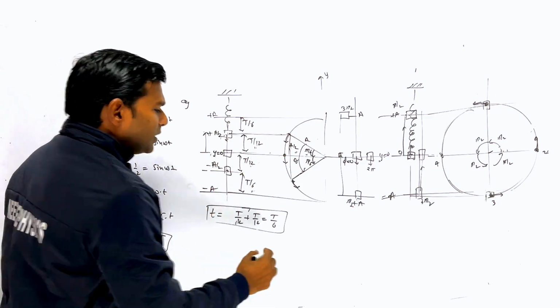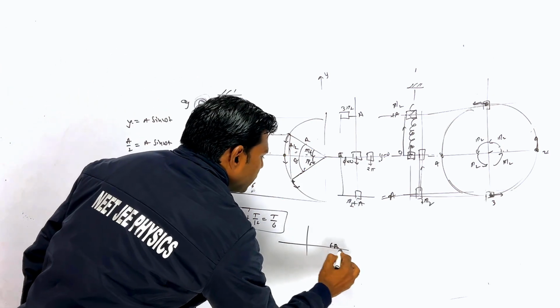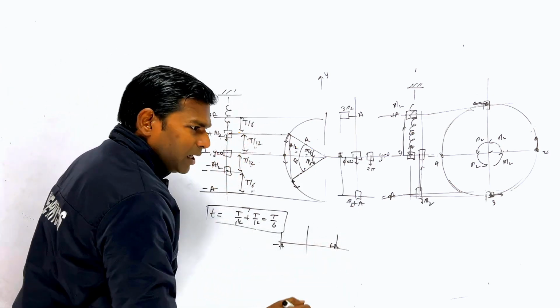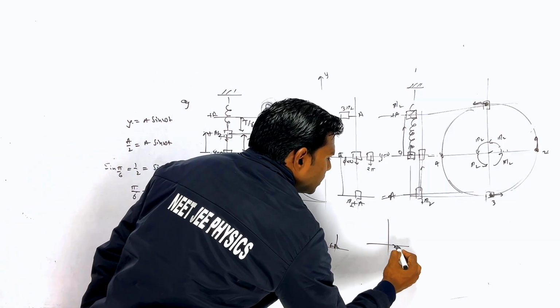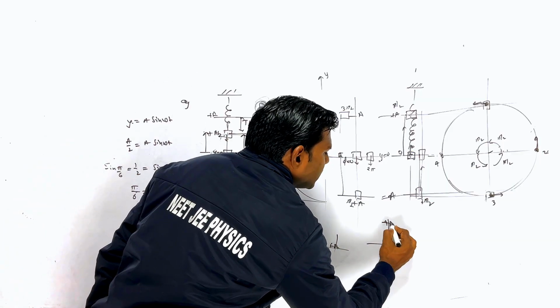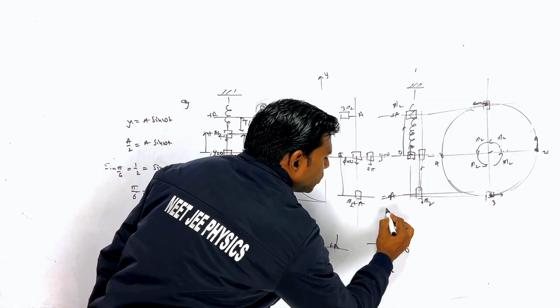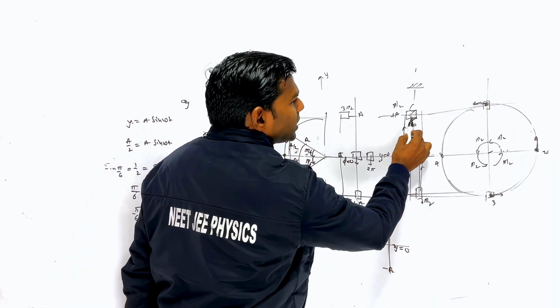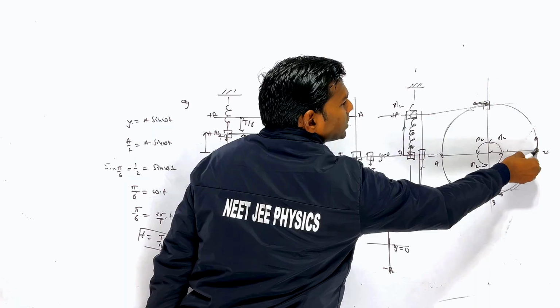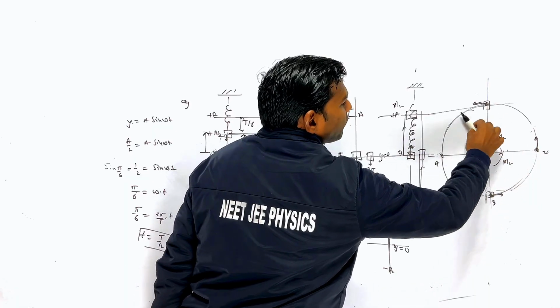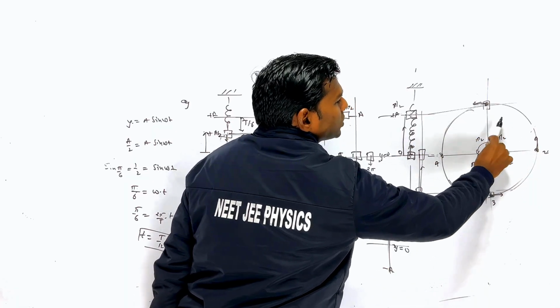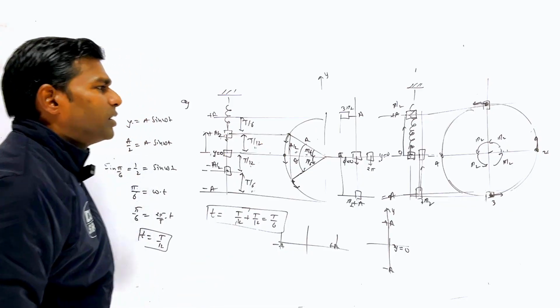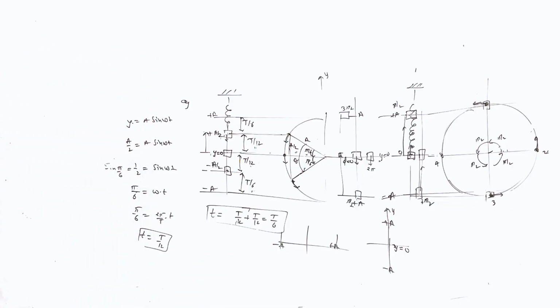But generally, it is the mean position, plus A, minus A, right? If it is the mean position, y is equal to 0, it is plus A and it is minus A, because we assume the y direction is upward. So it is like this. The corresponding particle on the circle starts from this point and performs uniform circular motion in this way. So you have to understand this. Copy this, whatever you want.